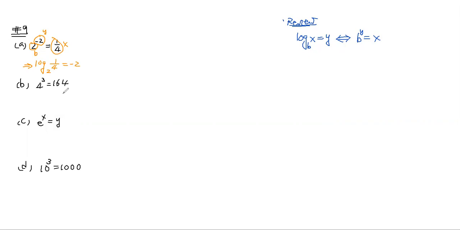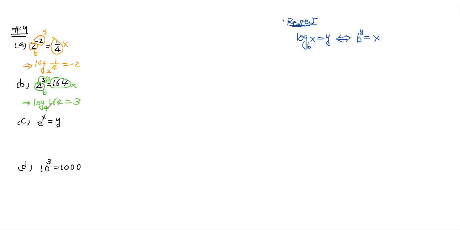The next one is 4 to the 3rd equals 1/64. You do the same: this is my b, this is my x, this is my y. So log base 4 of 1/64 is equal to 3.